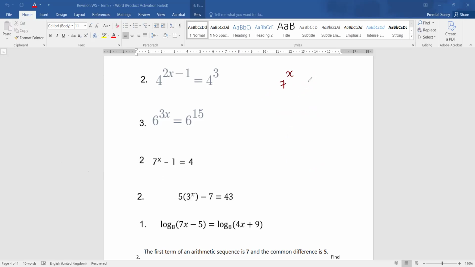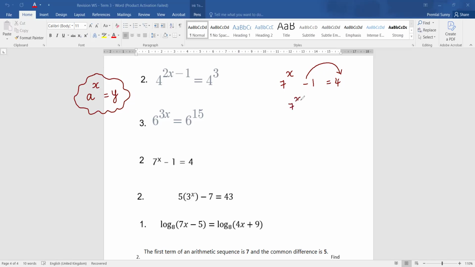7 to the power of x minus 1 is equal to 4. Now, this is also solving an exponential equation. An exponential equation should always be in the form of a to the power of x is equal to y. In order to make it in this form, we know all the numbers should be on one side.